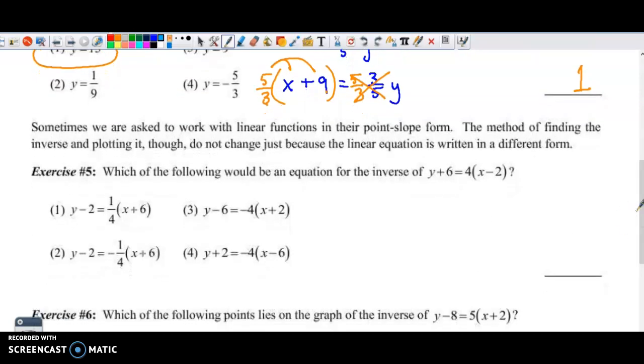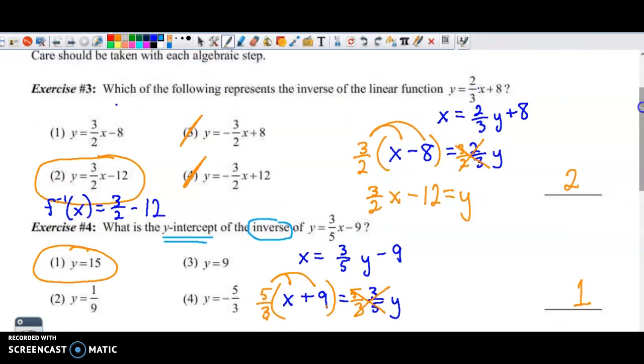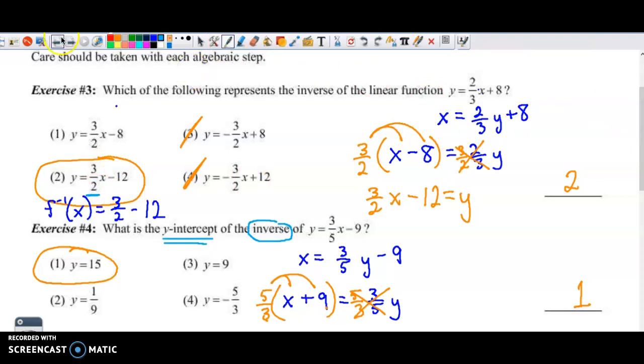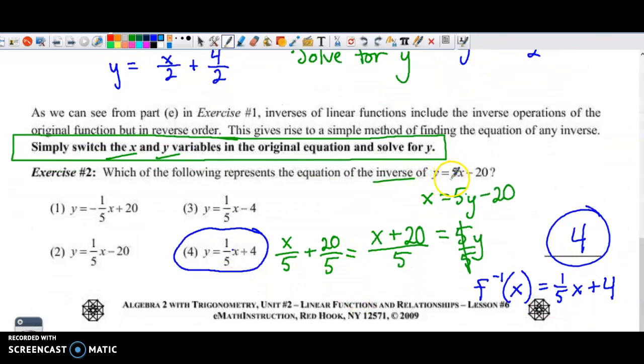So as we move to point slope form, I'm going to talk about a few things. And maybe you've noticed on all of these, like when I went from y equals 2/3 to its inverse, we just did the reciprocal of the slope. I could go back to the previous example. The slope here was 5.